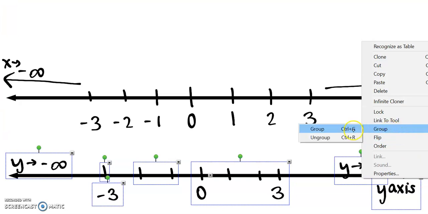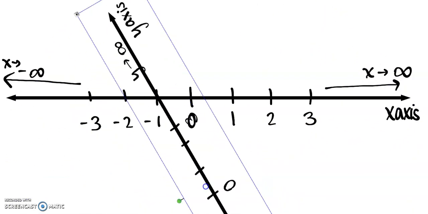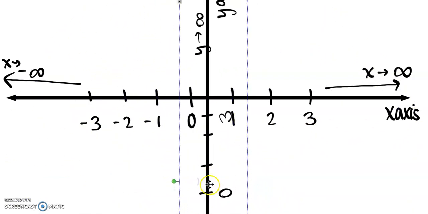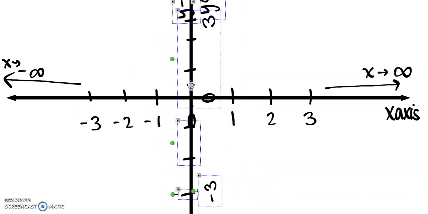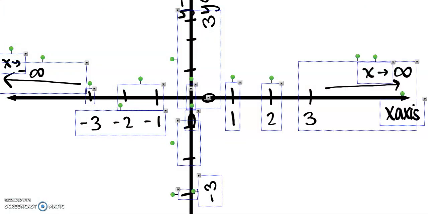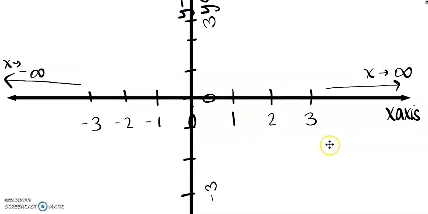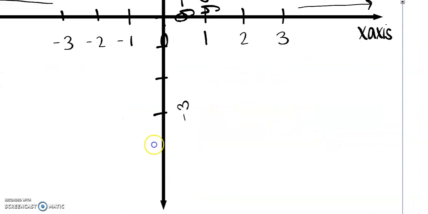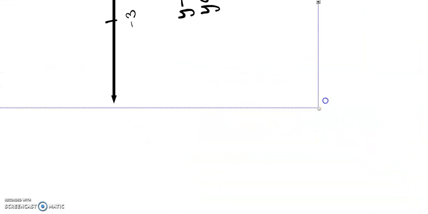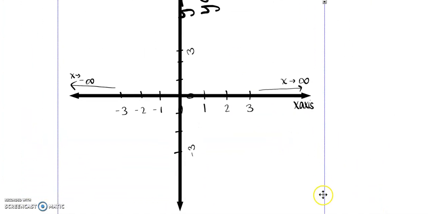The beauty of our y-axis is that it's just a number line that has been turned and matched up. So when I think about my coordinate plane, it's really just two number lines that have been grouped together.